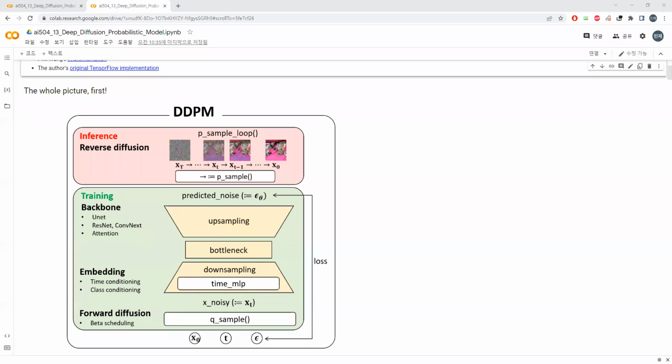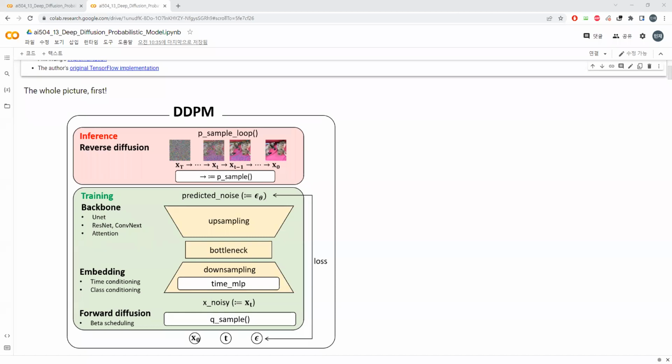Some guys sent me DMs. Okay, and maybe many of you do not totally understand the material. Roughly understood. Okay.